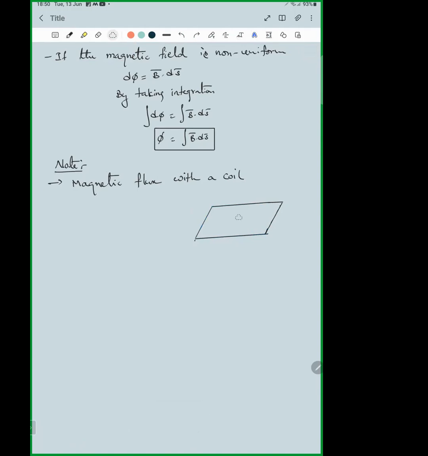Suppose this is a normal line, and the magnetic field is acting at an angle theta to this normal.